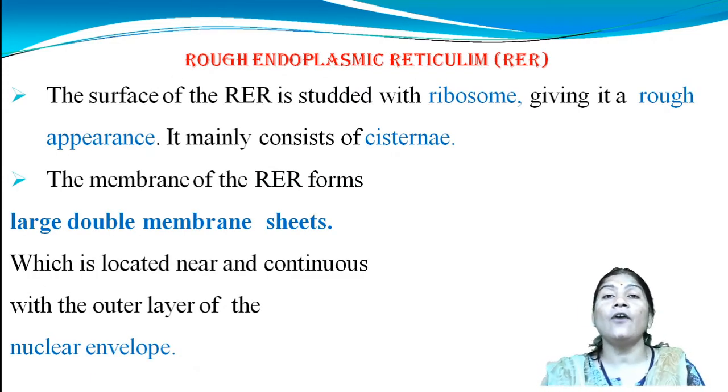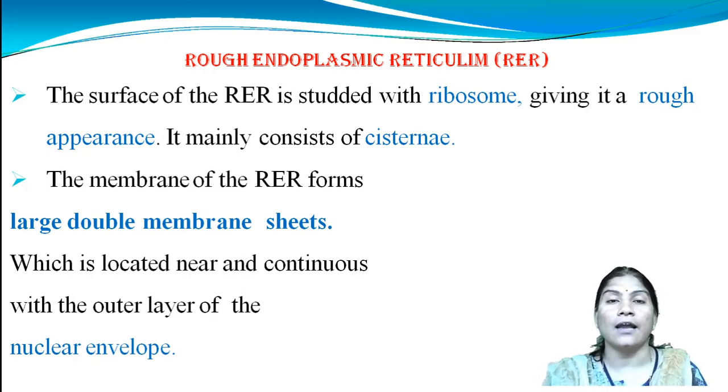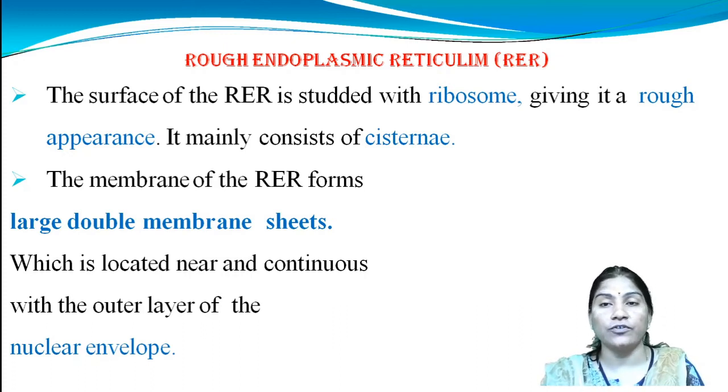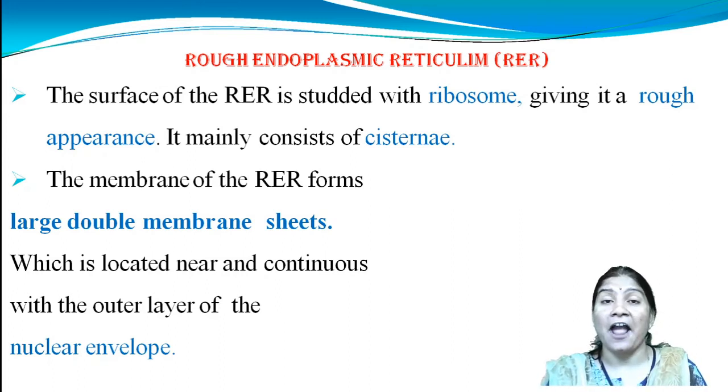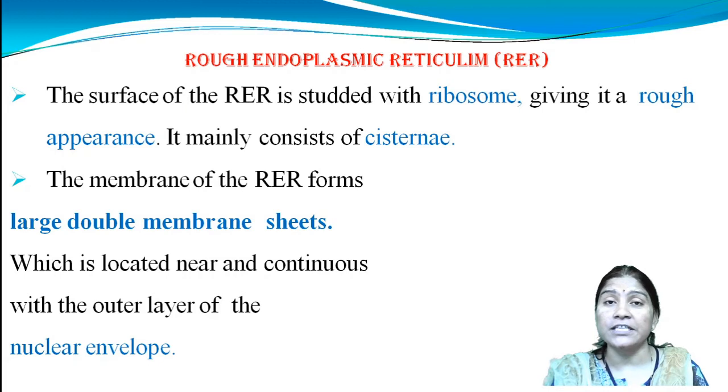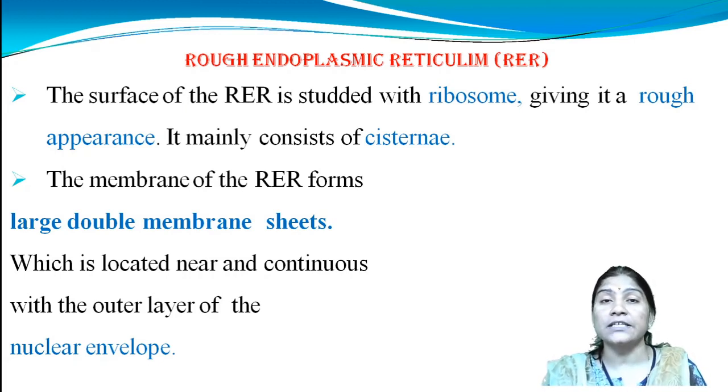Next is the rough endoplasmic reticulum, or RER. The surface of rough endoplasmic reticulum is studded with ribosomes, and due to the attachment of these ribosomes, the appearance of this membrane surface is rough.